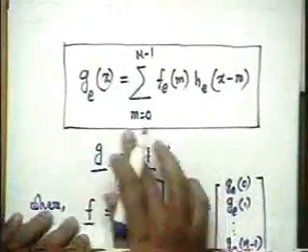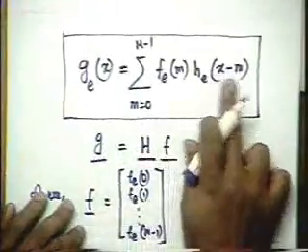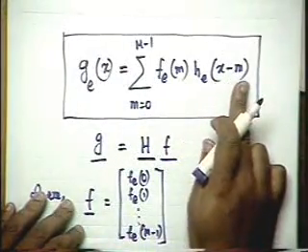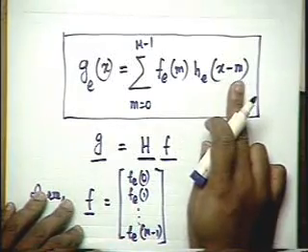This is a two-dimensional matrix, so there will be two coordinates, x and y. One minute. This is a two-dimensional matrix, no doubt, but just see the argument of this is h_e(x minus m). We are considering only the x variable. We don't have a y variable over here.